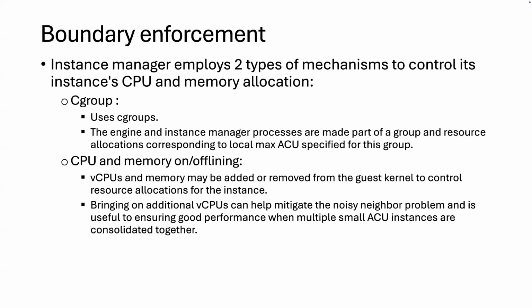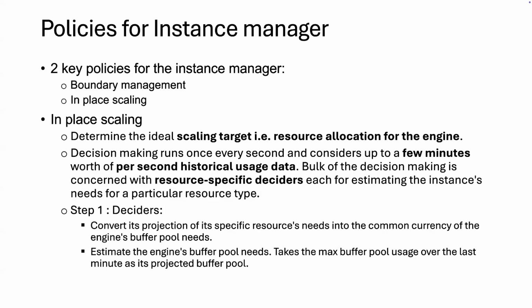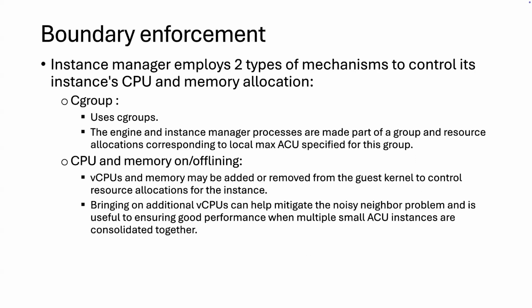That was about in-place scaling. Based on this, we decide how in-place scaling should happen. Another thing is how we define the boundary and how we enforce the boundary. There are two mechanisms by which instance managers control the instance's CPU and memory allocation. One is cgroups, a mechanism provided by the Linux operating system itself, where the engine and instance manager processes are part of one group, and resource allocations corresponding to a local ACU are specified to this group.